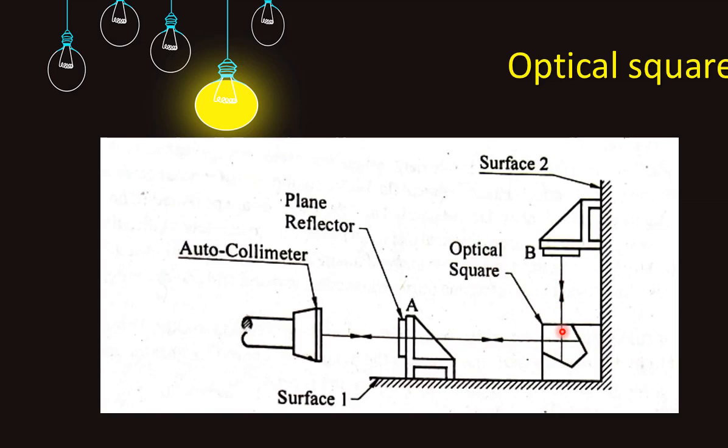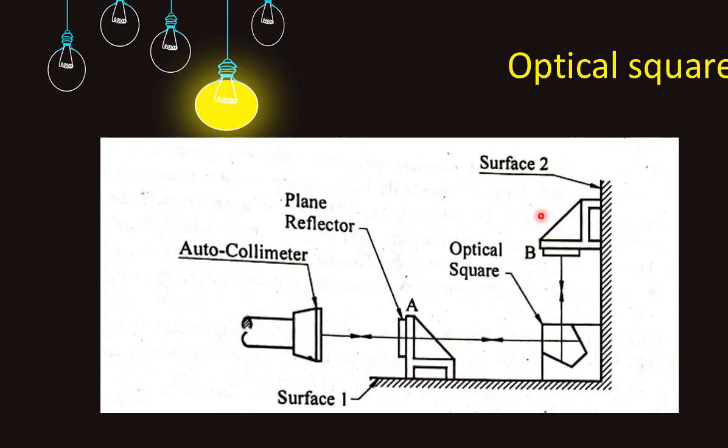In this test, it is assumed that two surface faces are perfectly straight. A stainless steel mirror block with flat base is used on the horizontal surface for aligning the collimator with the surface. A reading is thus taken in the collimator at position A. This is position A. The mirror with the base is then transferred to the vertical surface and the optical square placed in the angle is indicated.